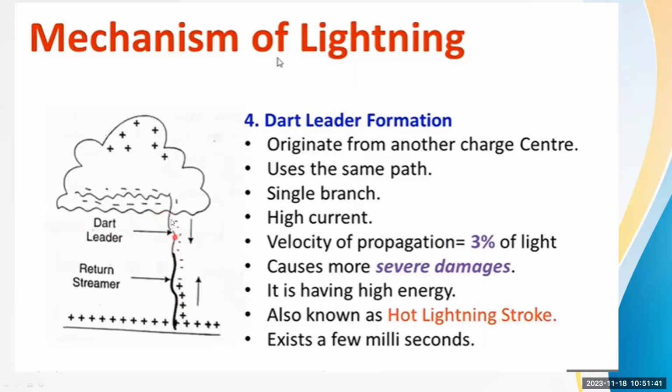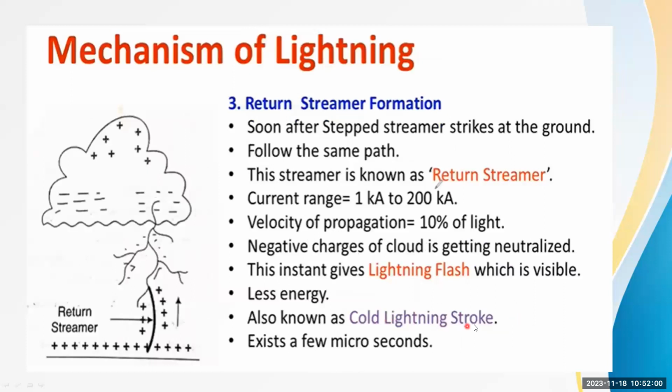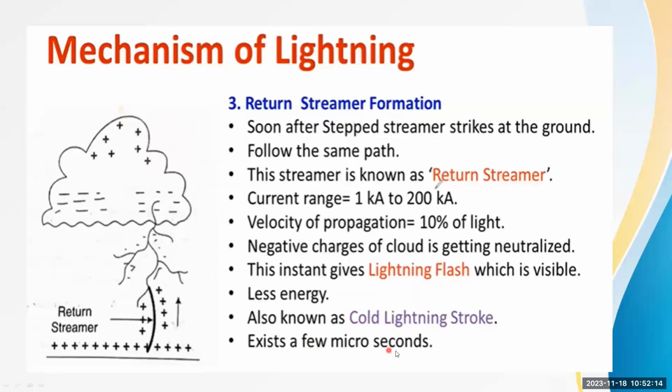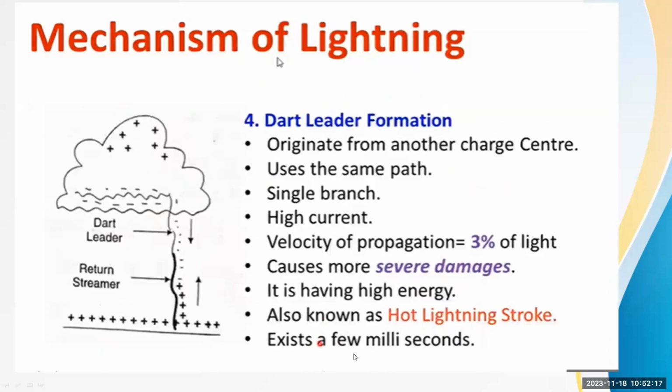Single branch, high current, and the velocity of propagation is 3 percent of light. It causes more severe damage because of the returning dart leader, and it has high energy. It is also called a hot lightning stroke. The previous one, the return streamer formation, is known as a cold lightning stroke, and the dart leader is called a hot lightning stroke. The return streamer exists for a few microseconds, but this exists for a few milliseconds, and because of this it is visible.